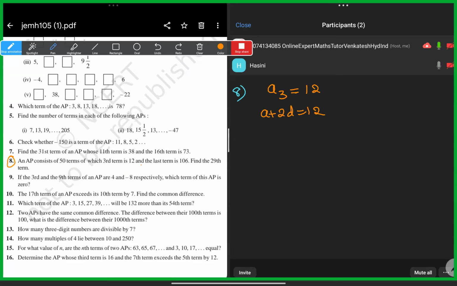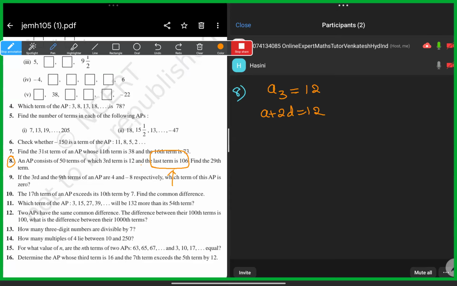Now Hasni, what else is given? Last term is 106. Which term is this 106? Can you tell, Hasni? They said last term is 106.